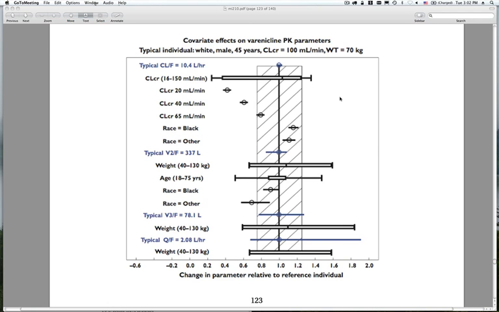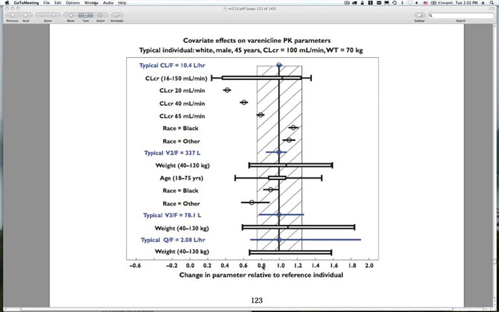So let's look at the results from some of these. Here are some examples from published population PK analyses or PD analyses. This one is the effect of covariate effects on varenicline pharmacokinetics. What we've got here is a relationship of various covariate effects with respect to clearance, volume of the central compartment, volume of the peripheral compartment, and intercompartmental clearance.